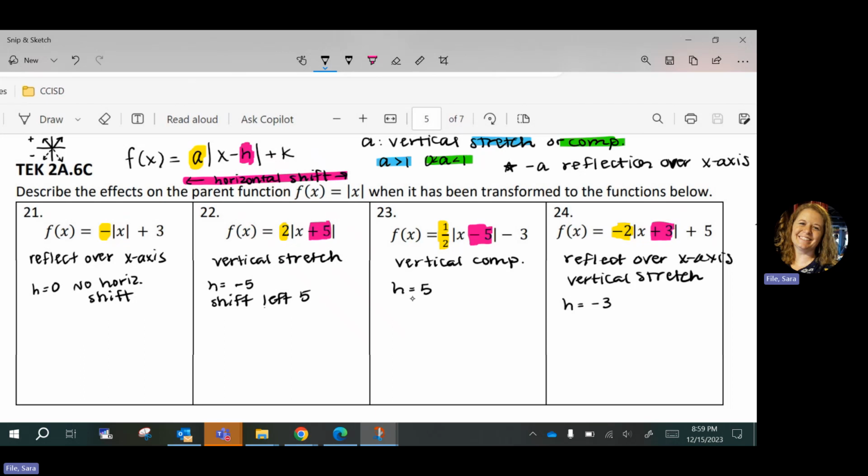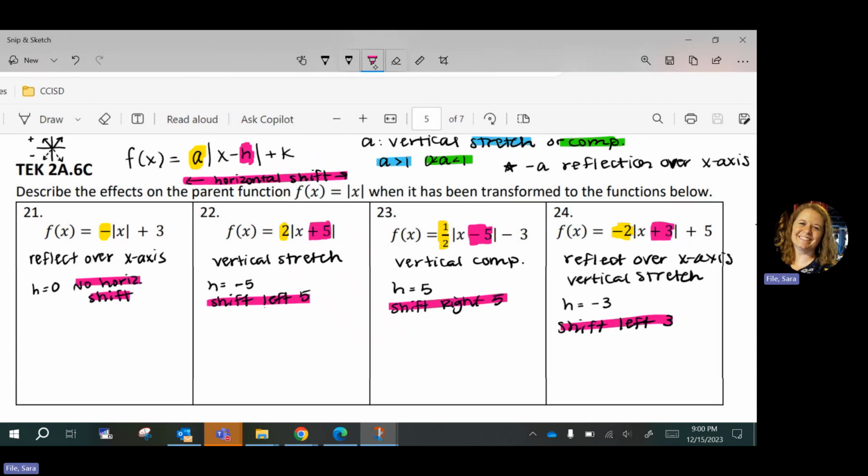So here it's positive, so that is a shift right 5. Here it's -3, so that is a shift left 3. Okay, so when it had a plus, that was to the left. When it had a minus, that was to the right. Okay, so that's what you need to be sure that you're seeing there. I will highlight that. So no horizontal shift here, horizontal shift left 5, right 5, left 3.